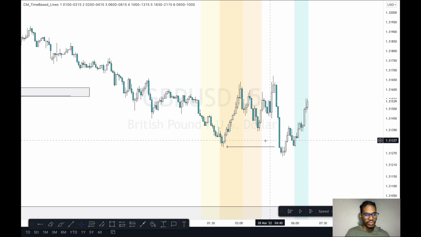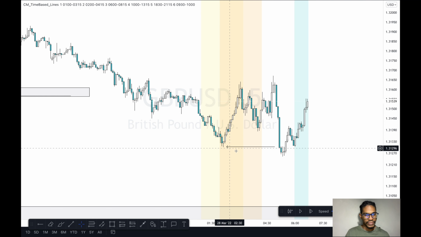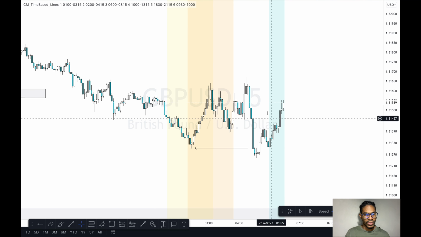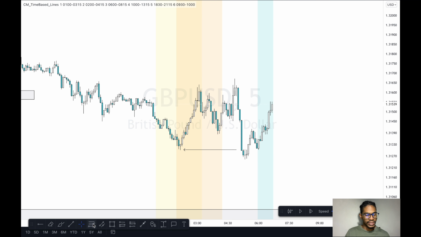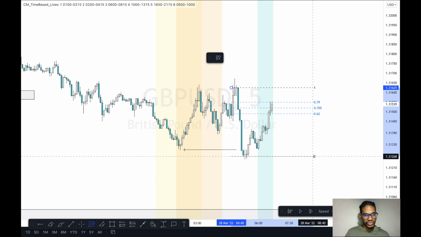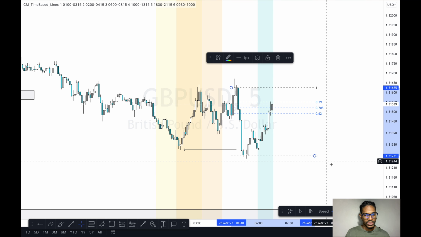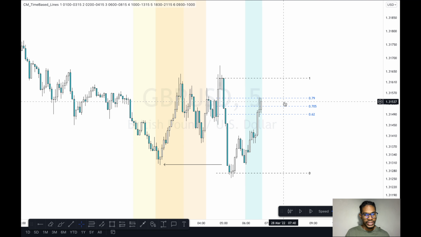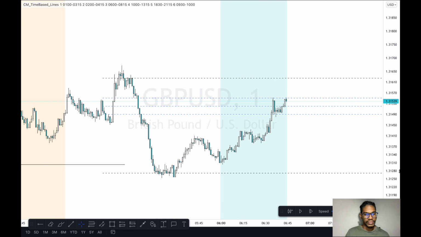Right, price broke this demand zone and we're now receiving a pullback. So I simply draw my fib tool, wait for price to retest my levels and give me a Quasimodo pattern.